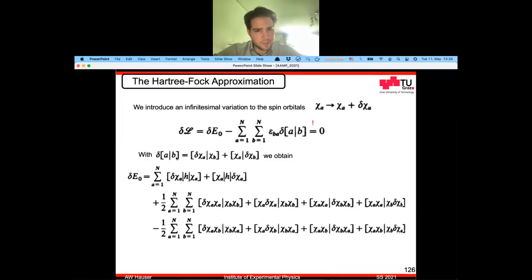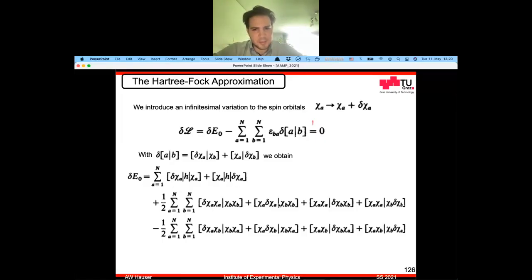So first we have the core Hamiltonian terms. The variation can be in the wave function on the left or the wave function on the right. So this gives us 2 terms. It's basically the product rule of taking derivatives that we are applying here.